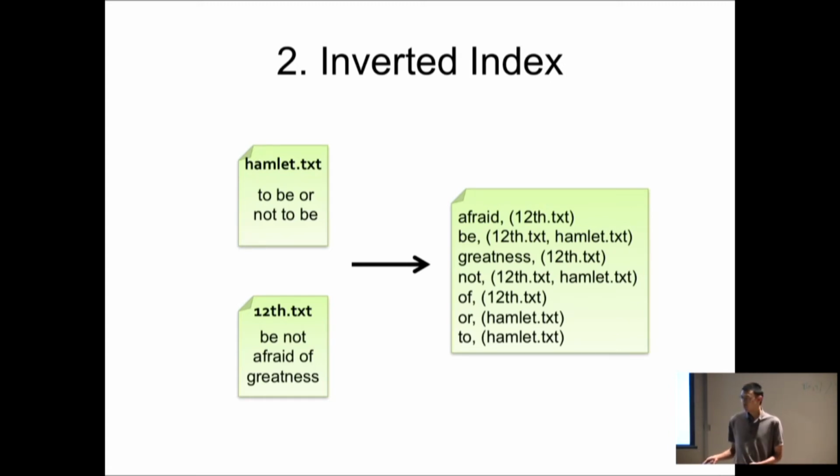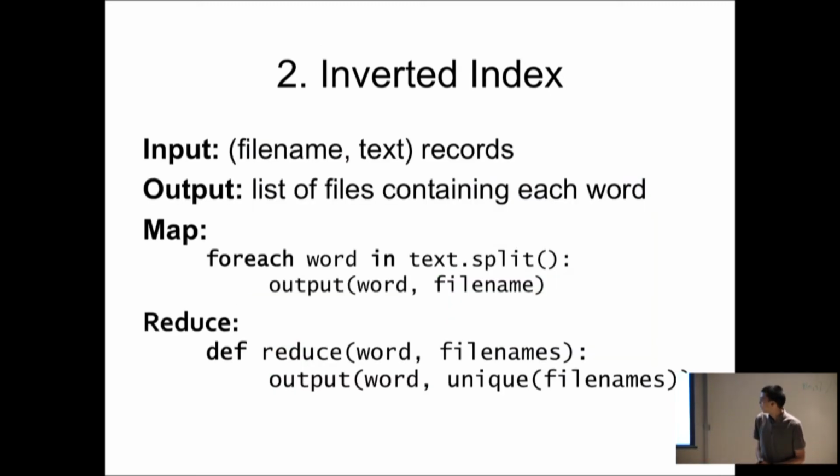So how would you do that? The way to do that would be, your input, you assume, is a bunch of files, each containing some text. And for every word in the file, you output word, comma, file name, right? That's your intermediate data. And the reducer in this case, you get a bunch of file names, and you just want to keep the unique list of file names. So if a word appears twice in the same file, you want to keep the file name once.